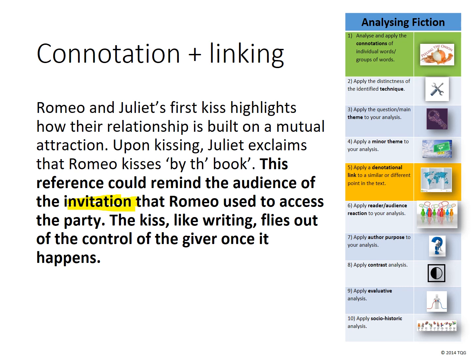The kiss, like writing, flies out of the control of the giver once it happens, once it is given. So we're trying to see the connotations of the quotation, the book. The connotations of book is that of writing, and we're finding other links to that image in the play as well.